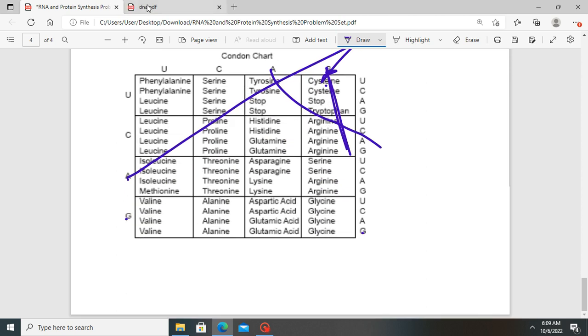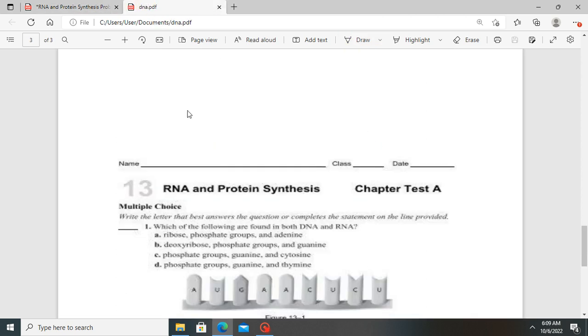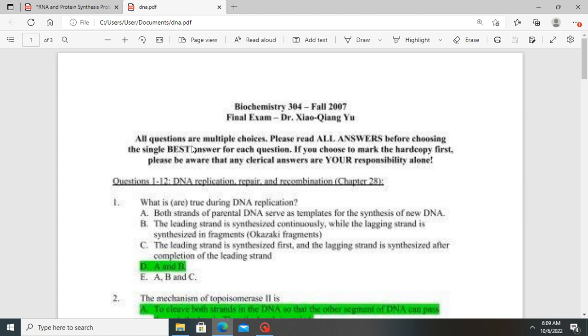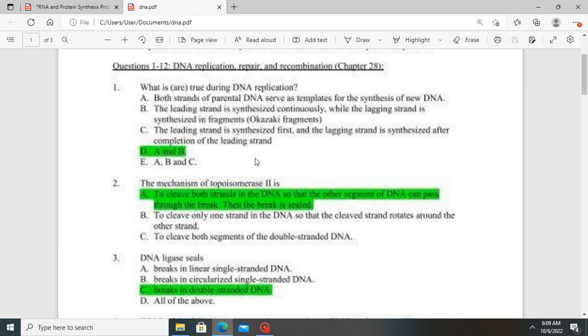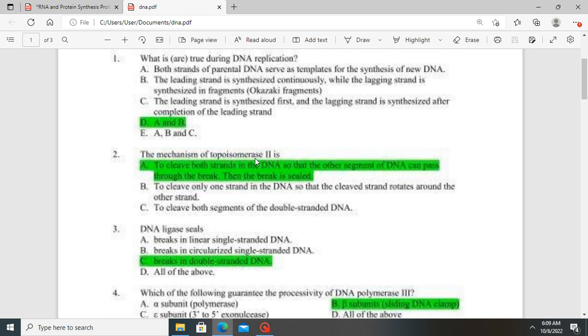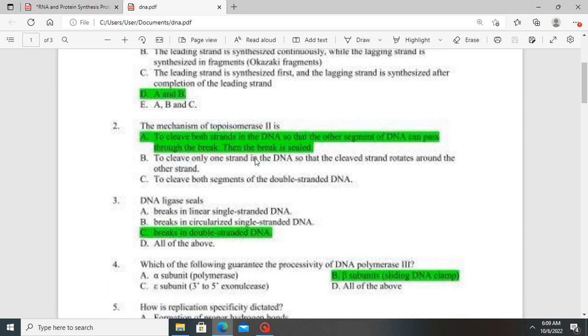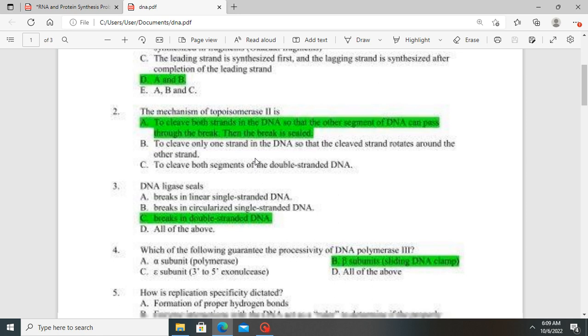Let's try this one too. So this one, just try your hands on it. The answer has been typed, so you can just pause the video and solve it yourself. It is very blurred, but try and read it. You can pause the video, read, and look at the chosen answer, because the chosen answers are the correct answers.